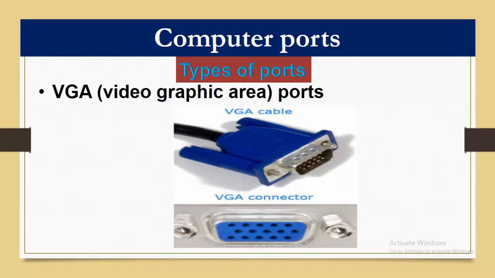These were introduced by IBM in 1987. VGA utilizes an analog signal, hence it can only be used for lower resolution.